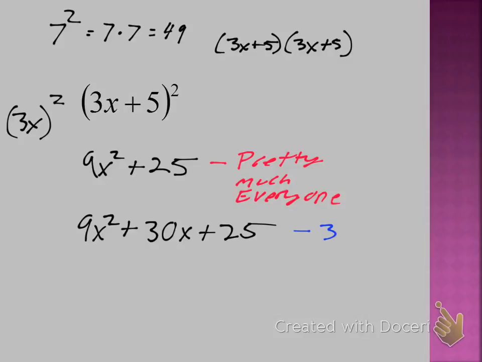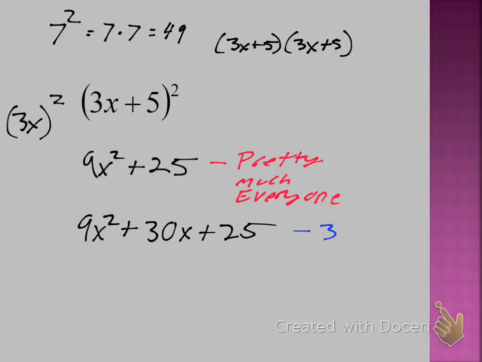You have to pay attention to when you're squaring a monomial versus a binomial. Squaring a monomial, you square everything inside. You take it times itself, the same thing as 7. 3x times 3x: 3 times 3 is 9, x times x is x squared.